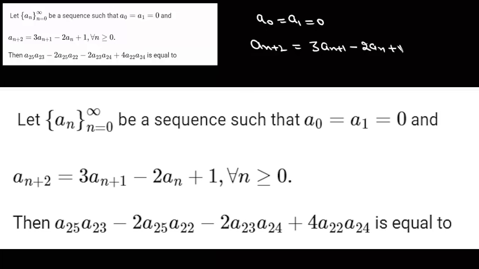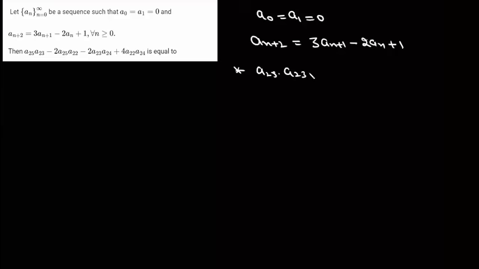Then we need to find A25 into A23 minus 2 times A25 into A22 minus 2 times A23 into A24 plus 4 times A22 into A24.